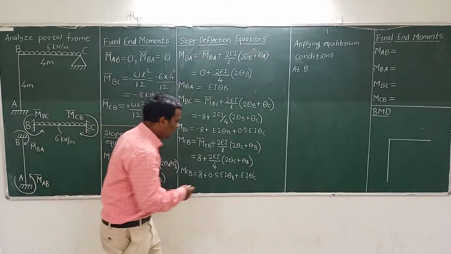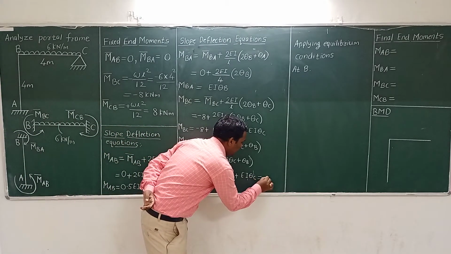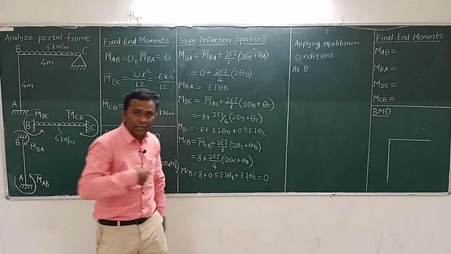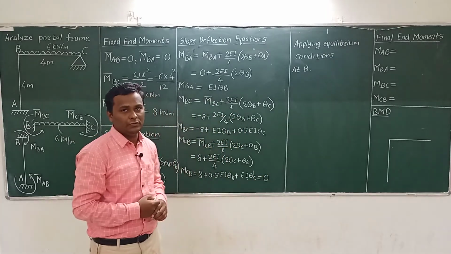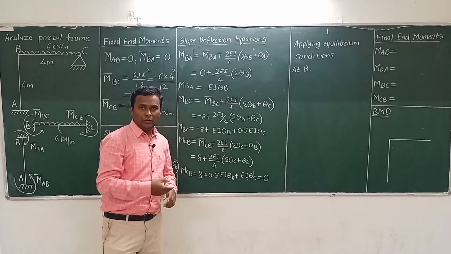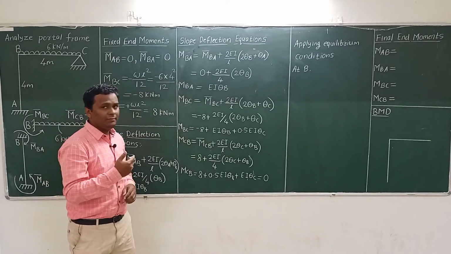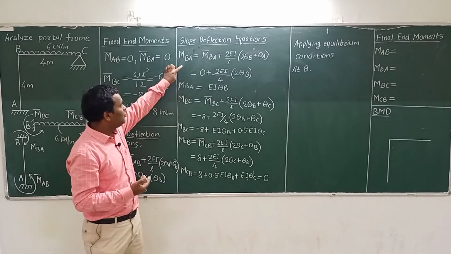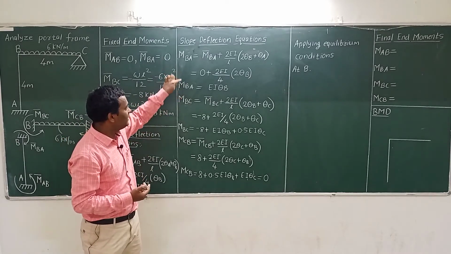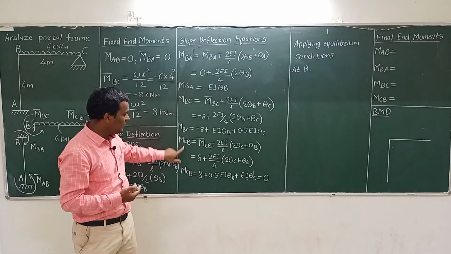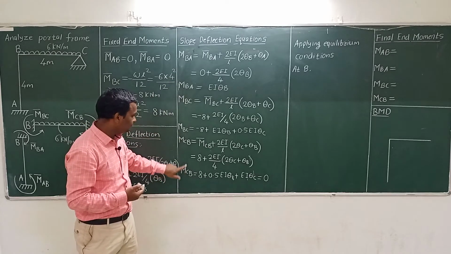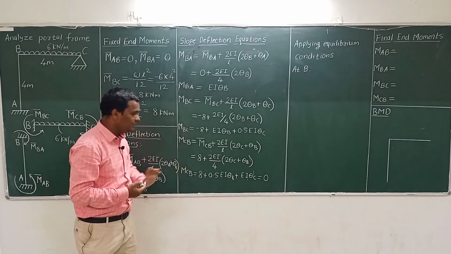So we can equate this equation of MCB to 0, and thus reduce our number of unknowns. Now for drawing the bending moment diagram, first of all, using the method of superposition, we should know these end moments, that is MBA, MBC and MCB.